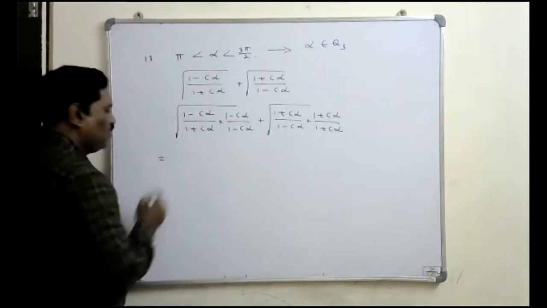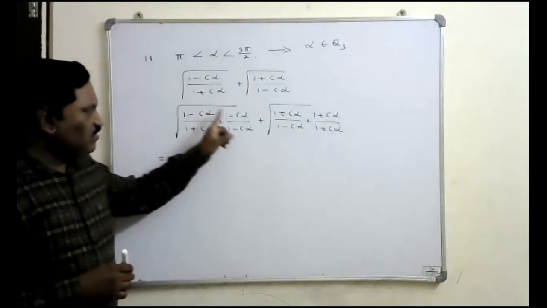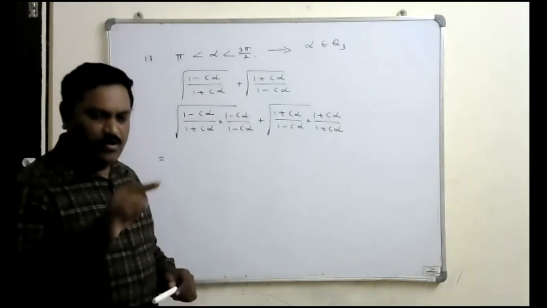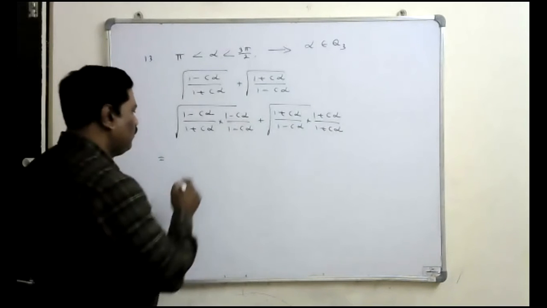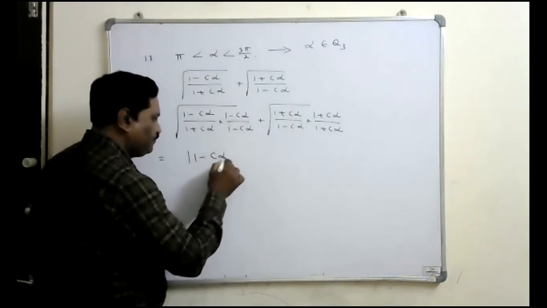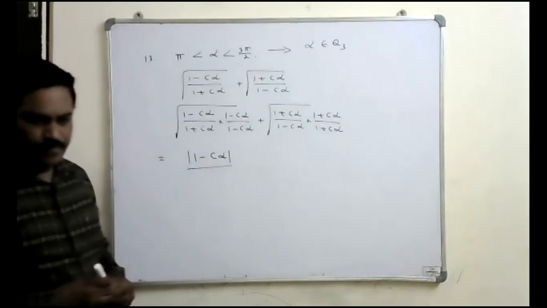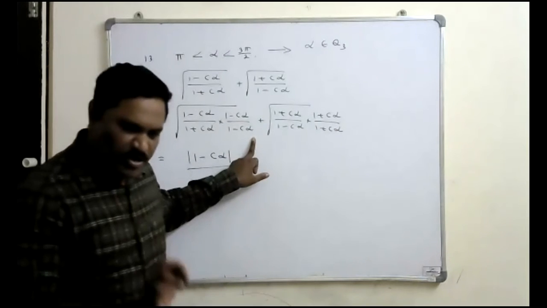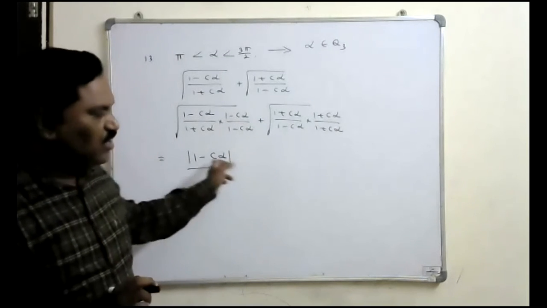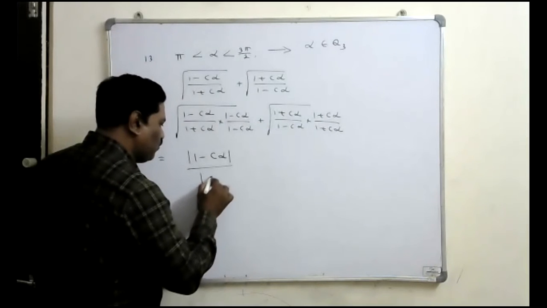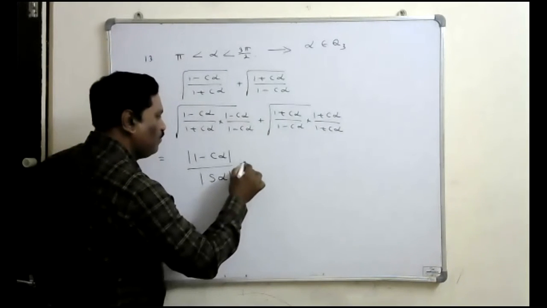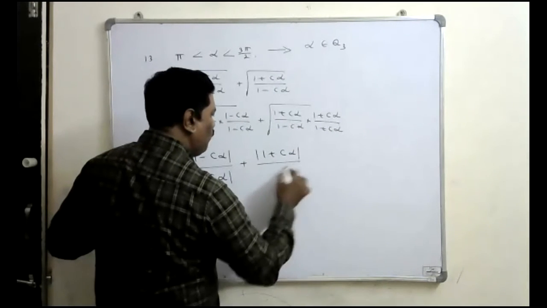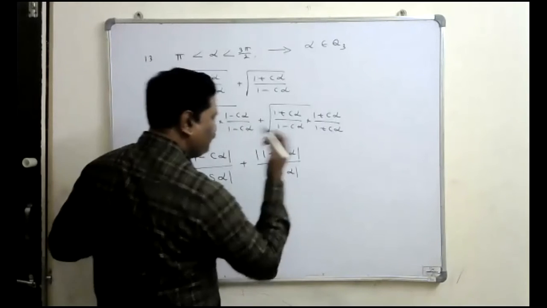Then 1 minus cos alpha into 1 minus cos alpha is 1 minus cos alpha whole square, under root of which is mod 1 minus cos alpha, by 1 plus cos alpha into 1 minus cos alpha, which is 1 minus cos square alpha, which is sin square alpha, under root sin square alpha, which is mod sin alpha. Plus here also the same way, mod 1 plus cos alpha upon mod sin alpha, we will get.